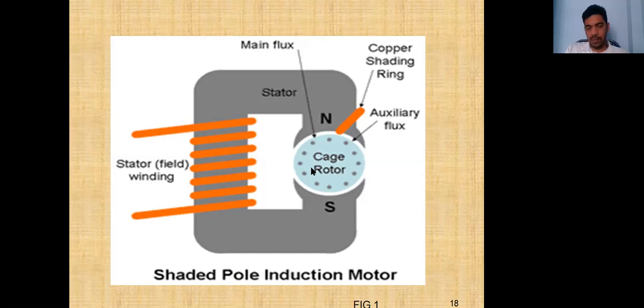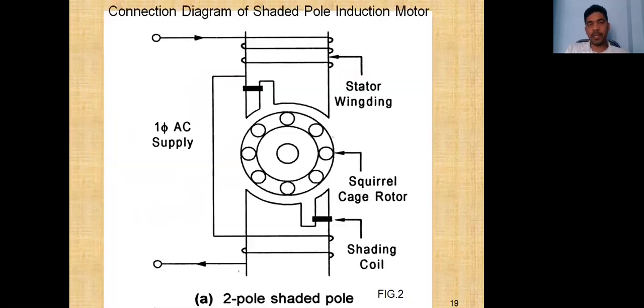The connection diagram of the shaded pole induction motor is shown in the figure. This is the rotor. It is a squirrel cage type induction motor. Here in the poles there is a shading band, a shading coil. It is the shaded part.